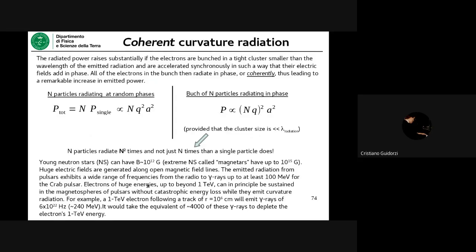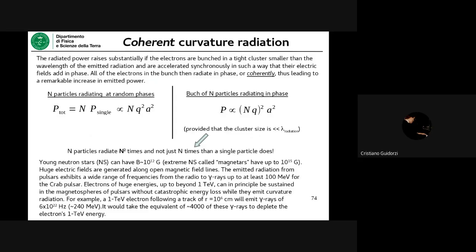If you work out the same with curvature radiation, you see that, in order to avoid catastrophic energy loss in the case of coherent curvature radiation, you can have much more energetic electrons.